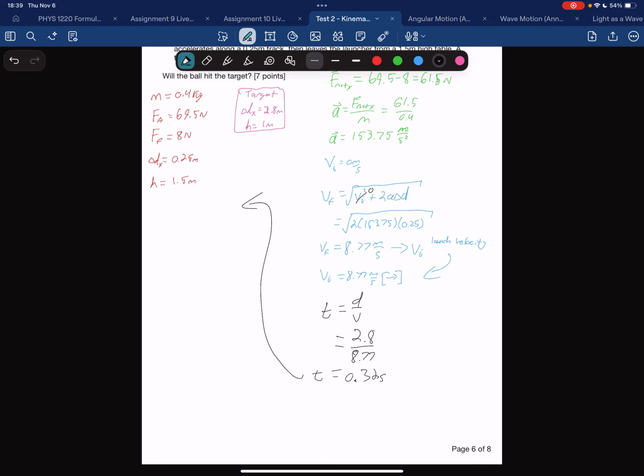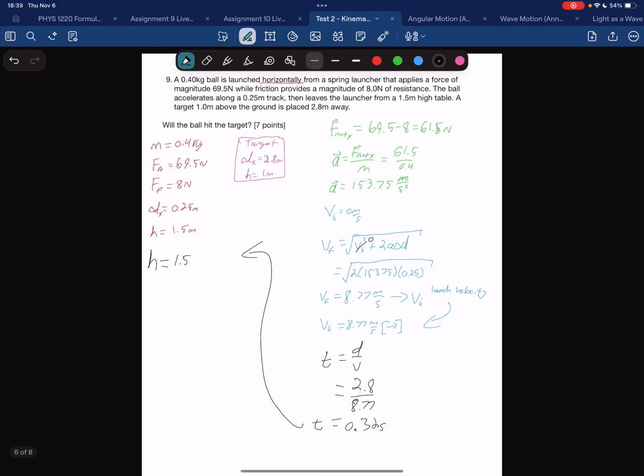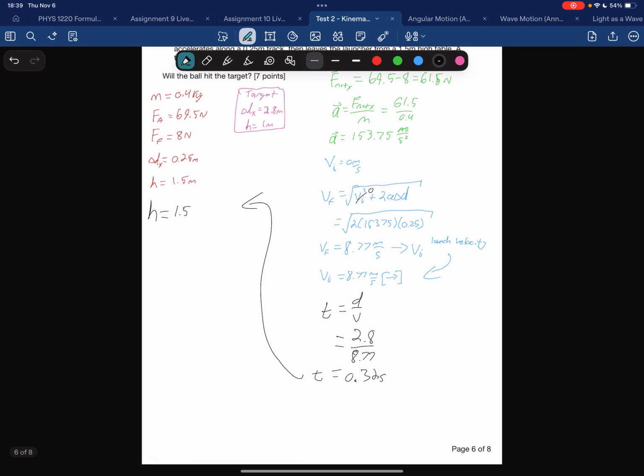Now let's find the height at the target. So the height at the target, h, is going to be equal to 1.5, because remember this was launched off a 1.5 meter high table. So I need to add that into the calculation, plus the initial y velocity multiplied by time. I'm going to erase this arrow for now.